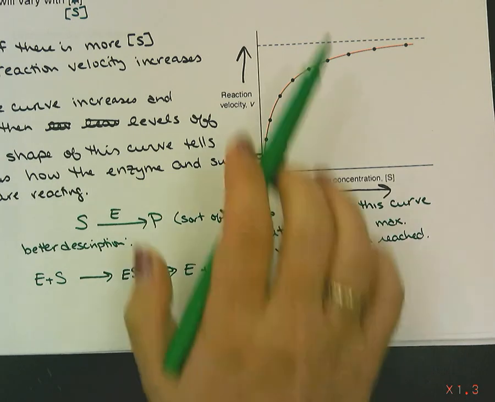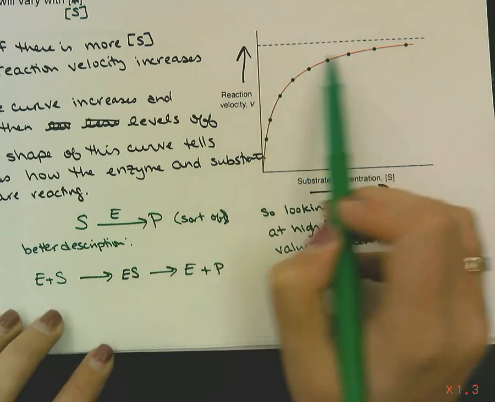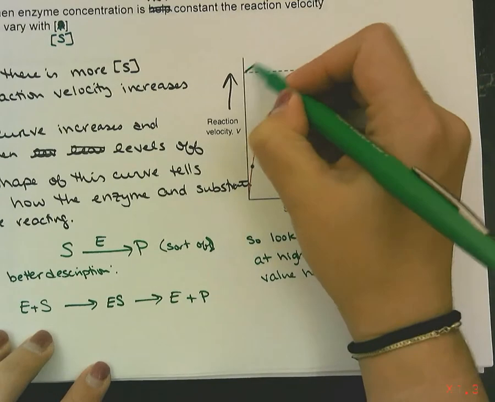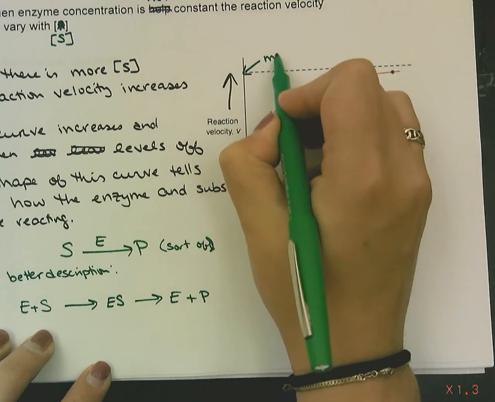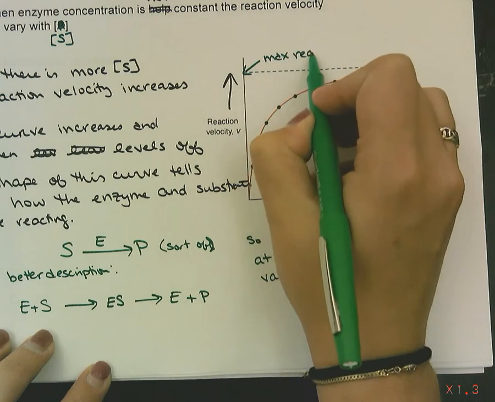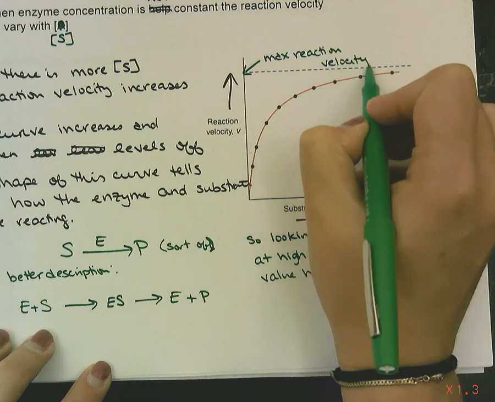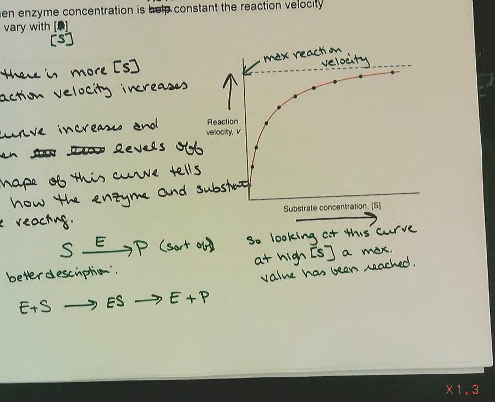So we see a linear increase, and then that's what this line is showing here. There is a maximum reaction velocity that's possible for this combination of enzyme and substrate.